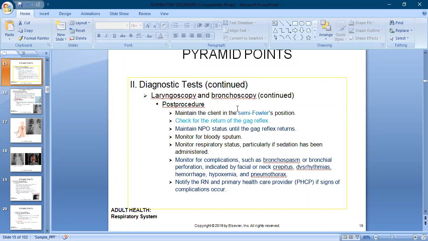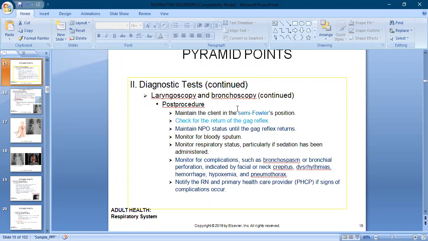After the procedure, you should check the gag reflex. If the gag reflex has returned, you can allow them to eat, but always liquid food first. Liquid first, then go to solid food. But make sure the gag reflex is there.